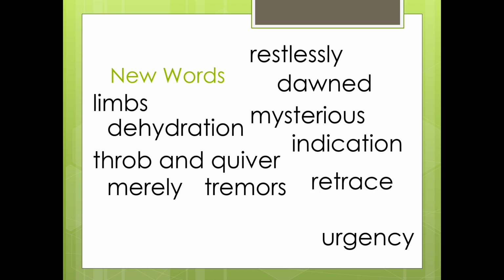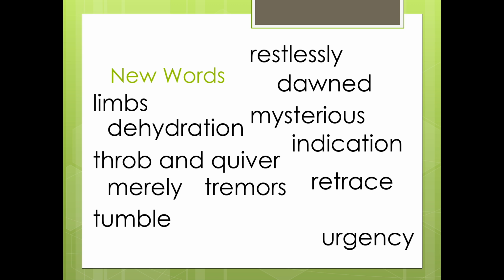Retrace is tracing, you all know, tracing on a line, on dots, and re is to do again. So retrace would mean following your footsteps again. So following the same path that you used to come to a place, you go back following the same path. So that is retracing your footsteps. Tumble, something falls down when it loses its balance.